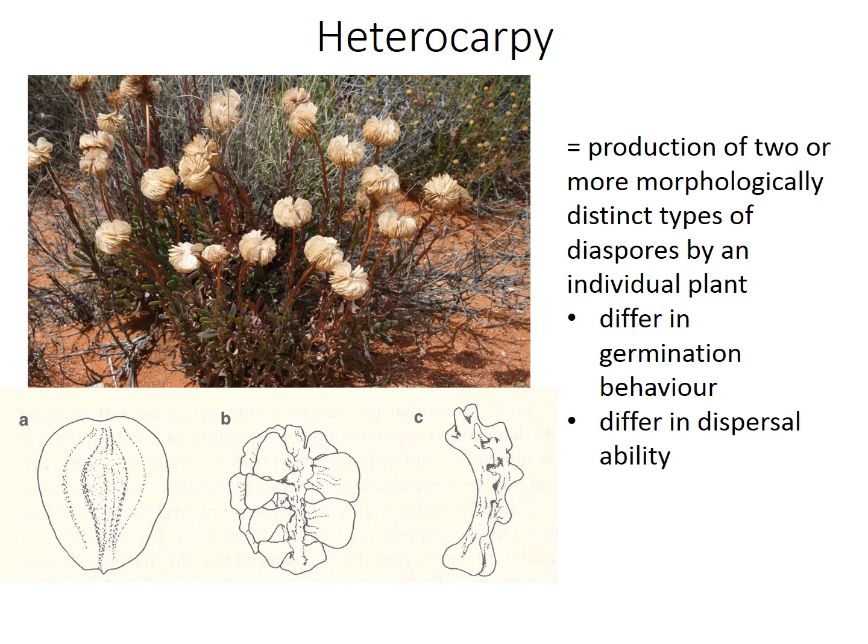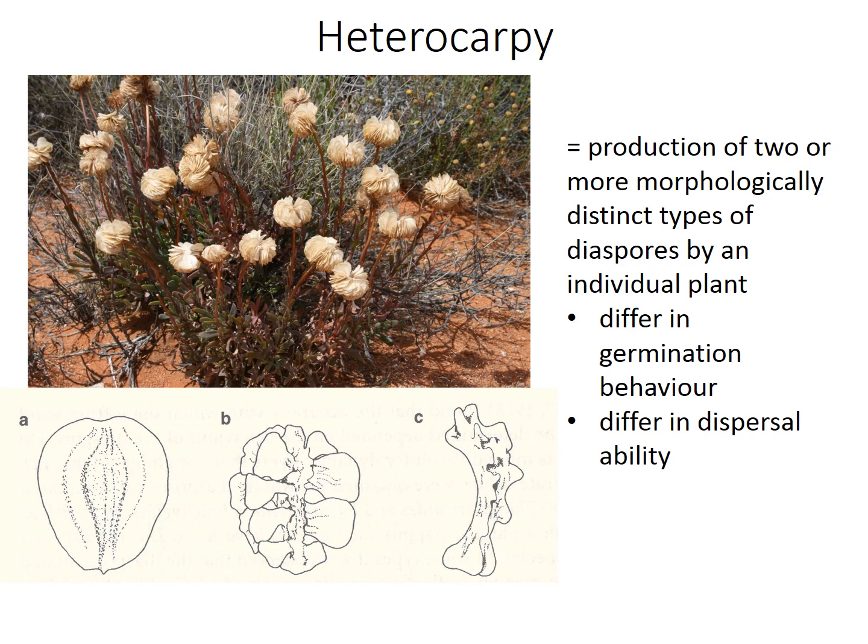A good example of bet hedging is heterocarpy. Again we can dissect that word: hetero meaning different and carpy meaning fruit. Heterocarpy refers to a plant that's able to produce more than one type of seed.